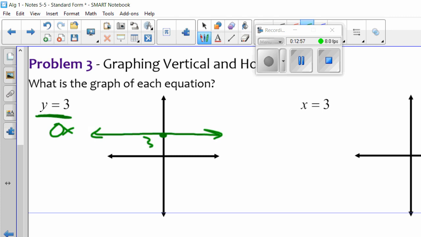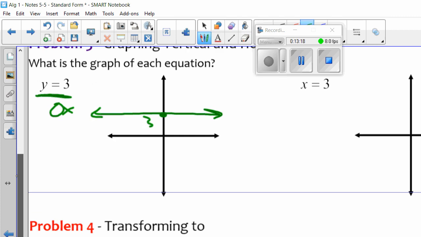In this case, x is equal to 3. There is no slope here. So remember, when I have no slope, that means it's a vertical line and it's through whatever value x is. Okay, so just a reminder of some of those special things we get with the equations.